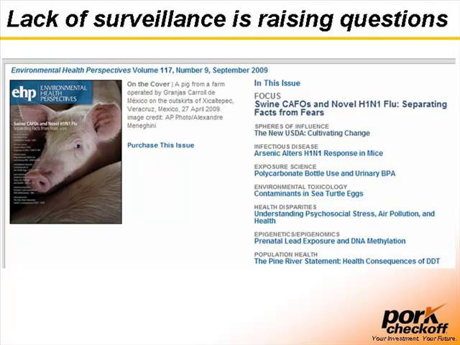This issue was early on. It was September, but by the time you get into a peer-reviewed journal, September's pretty quick when things happen in April. It definitely started raising questions about what's the industry hiding, what's happening, why are you not doing surveillance?